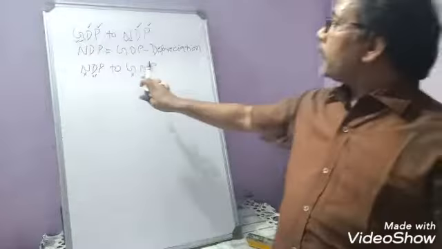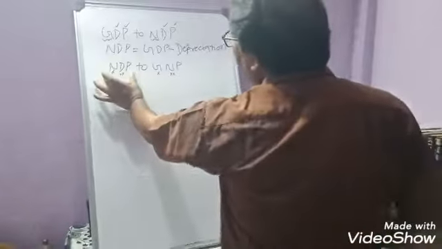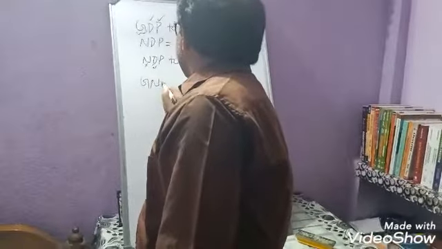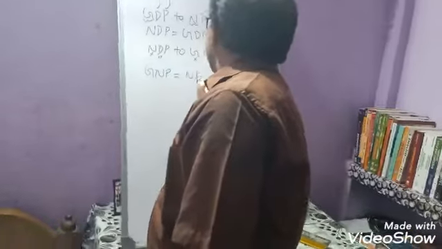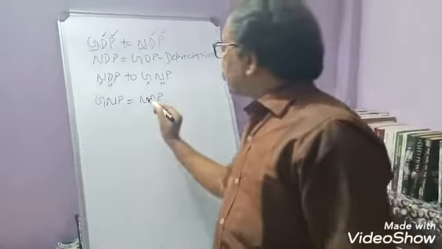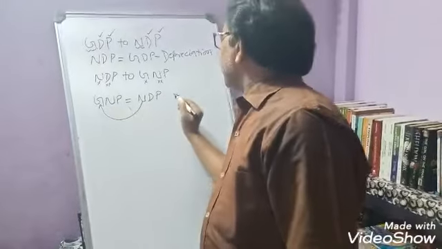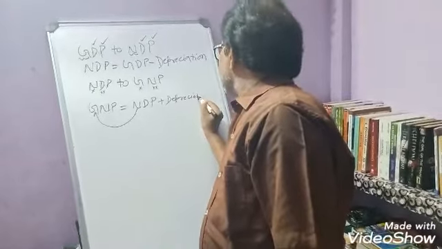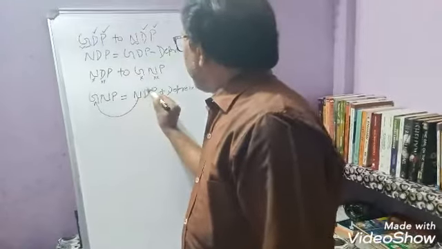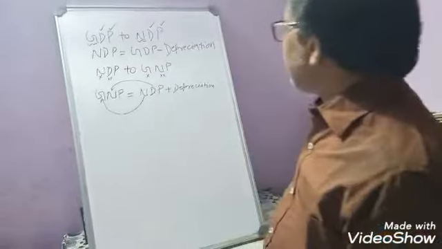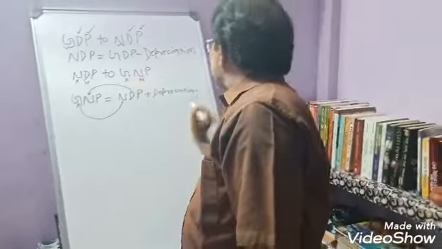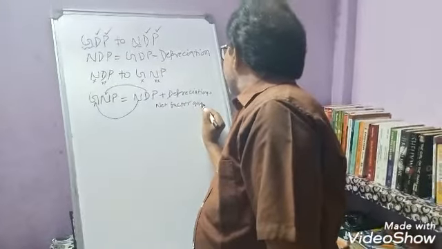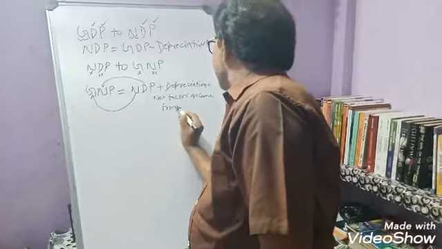Like that, suppose we are given NDP and have to find GNP. Here there is a difference. This is the net, but here that is the gross. Here that is the domestic, but here that is the national. NDP means net domestic product and GNP is gross national product. So we have to calculate gross national product and we have been given NDP. So GNP is equal to NDP, that is already given, and now for N to G, it means plus depreciation, and for D to N, domestic to national, it means plus net factor income from abroad.